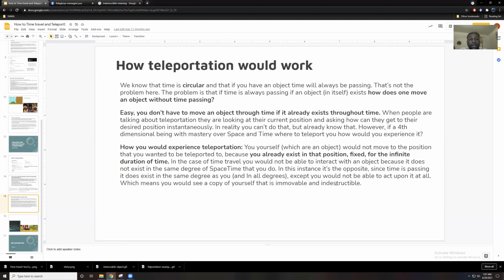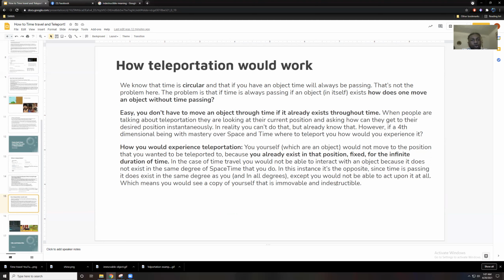From your perspective, that being that teleported to that set position in space and time would forever be in that position.